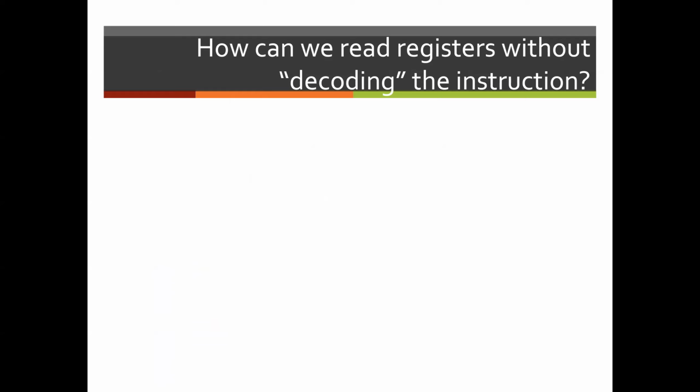And so what might be needed for us to read registers without decoding the instruction? So what exactly does the bread guy care about? The bread guy is going to be the first active step in the process. And before he can do anything, what does he need to take a look at?